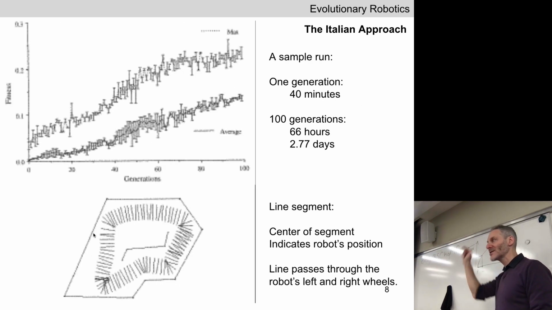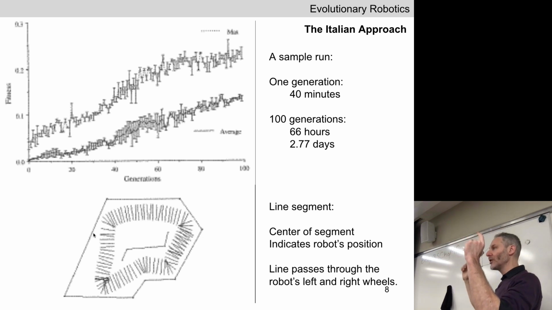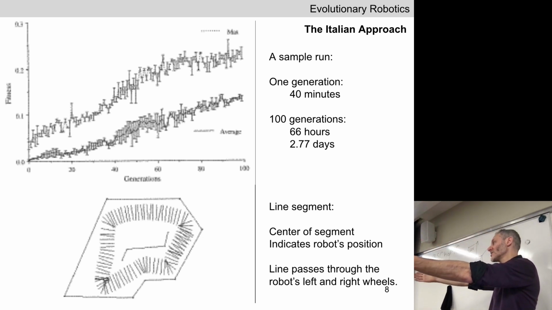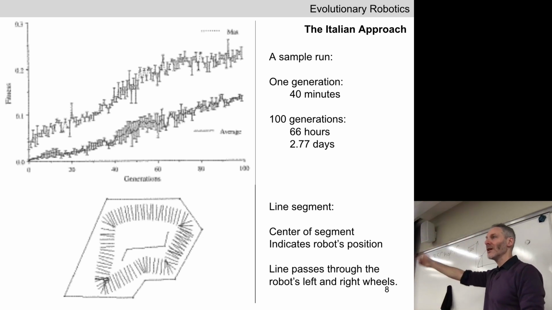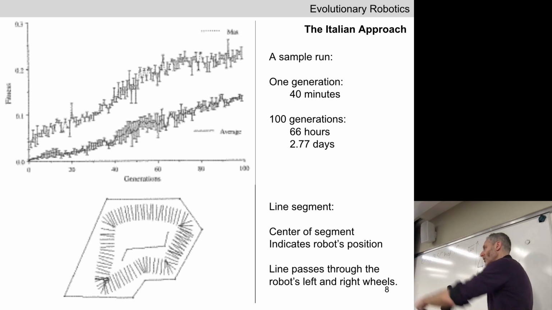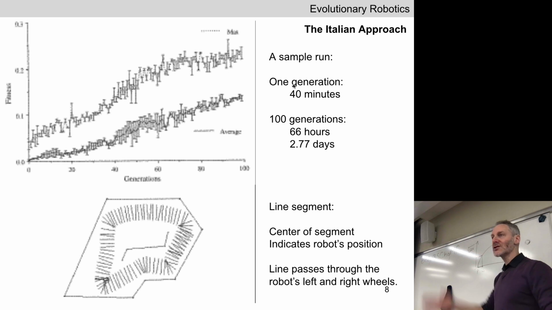Somebody else on some desktop hit enter, which downloaded the next vector or set of synaptic weights onto the Kepra. It ran around for 20 seconds, reset the Kepra, download the next one. The first generation, which contained a whole bunch of sets of random synaptic weights, took 40 minutes to run.